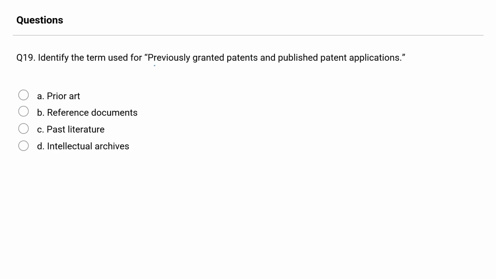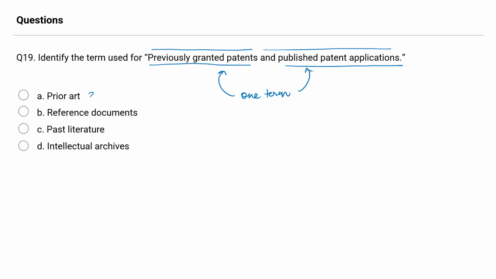Identify the term used for previously granted patents and published patent applications. So there is one term which basically covers both these aspects. Is it prior art?